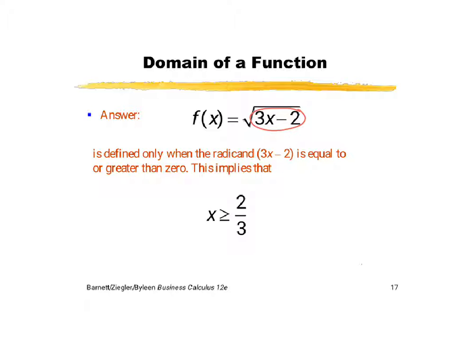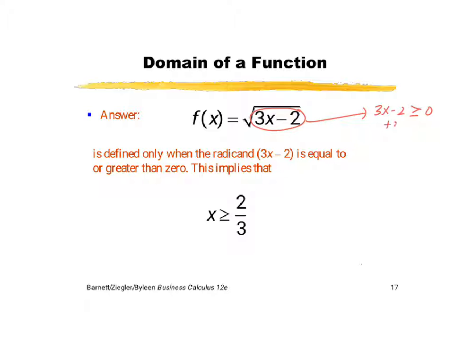Okay, because anything negative will give us an imaginary number or a non-real number. So we say anytime we have a radical, the expression under the radical, 3x minus 2, has to be greater than or equal to 0, making it either 0 or non-negative.